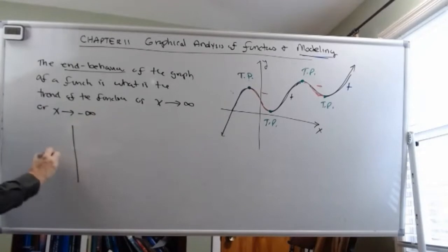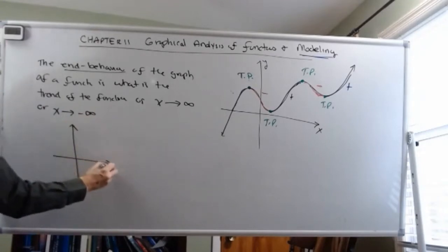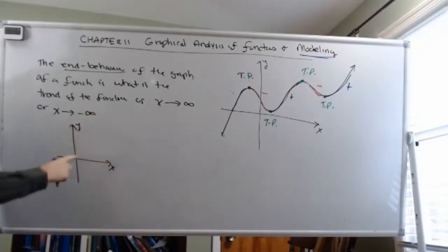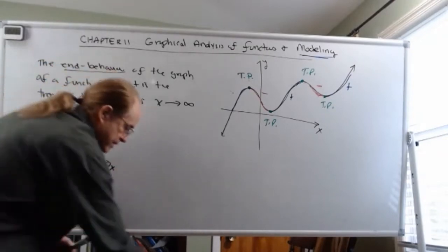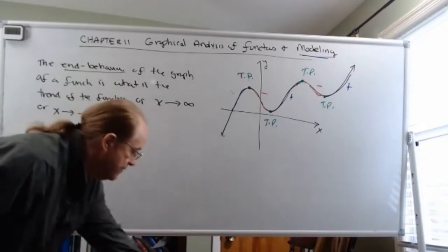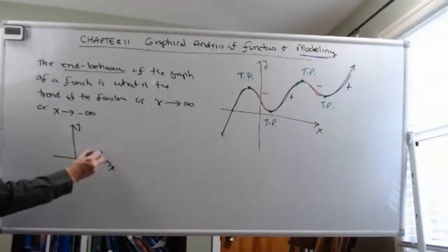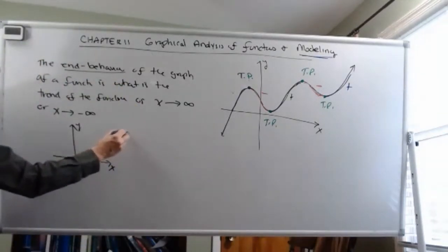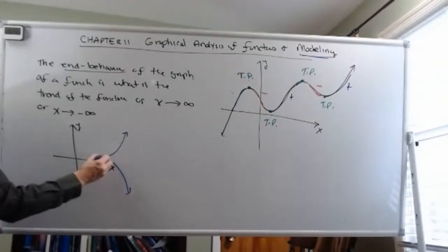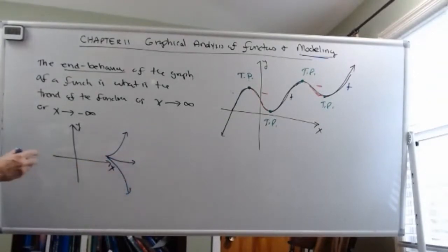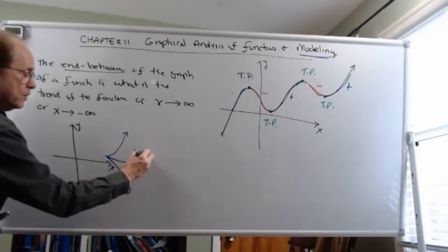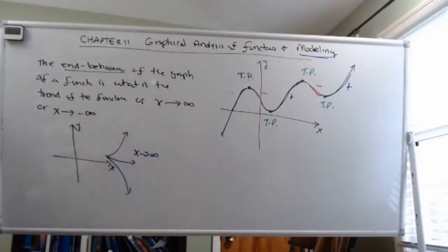So here's my x and y, and I want to see when I'm really out here, what happens to my function when x is really large. Does it do something like this? Does it do something like that? Does it do something like that? What is the end behavior where x goes towards infinity, large values?